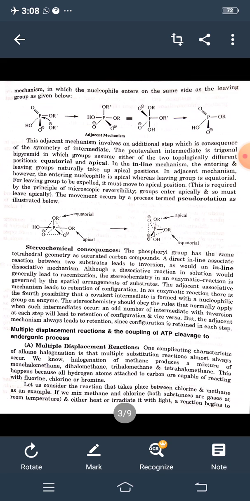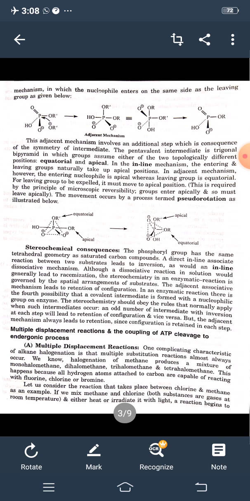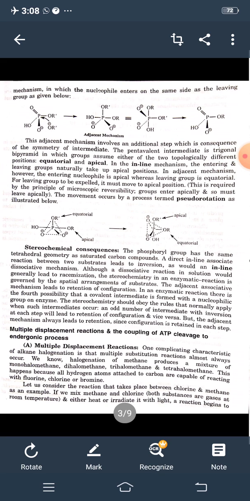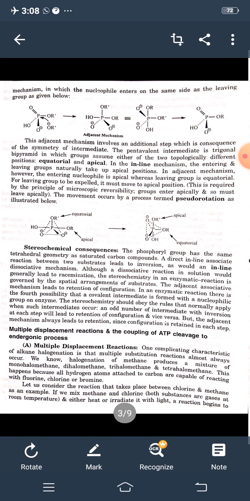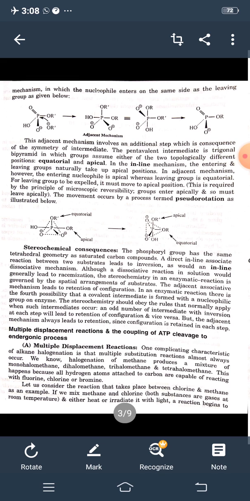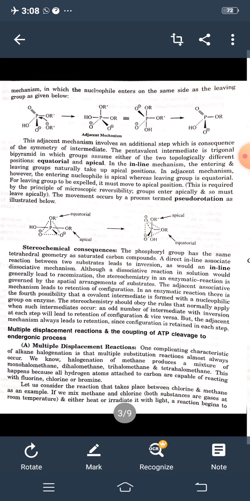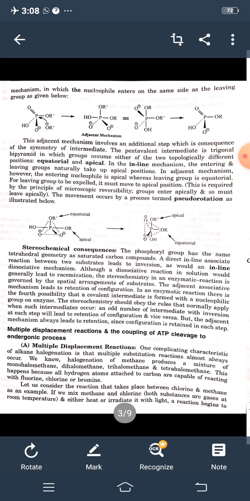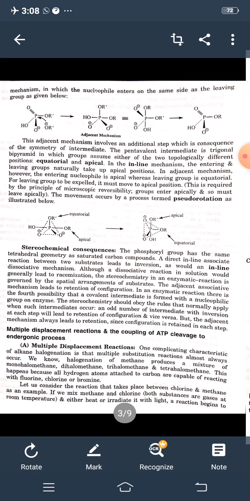Similarly, the stereochemical consequence: the phosphoryl group has the same tetrahedral geometry as saturated carbon compounds. A direct in-line associative reaction between two substrates leads to inversion, as would an in-line dissociative mechanism. Although a dissociative reaction in solution would generally lead to racemization, the stereochemistry in an enzyme reaction is governed by the spatial arrangement of substrate.